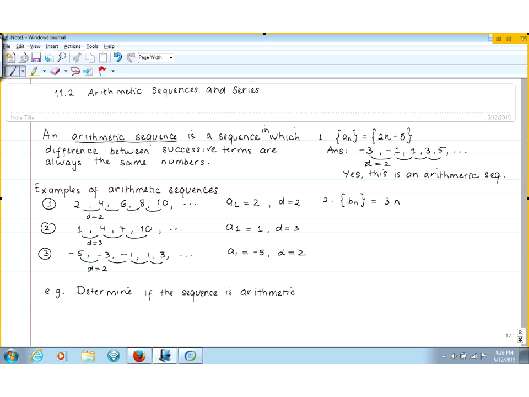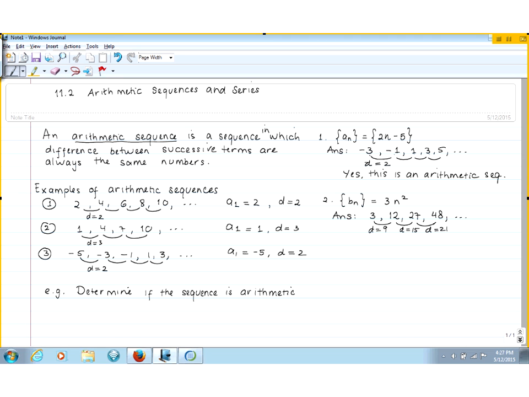Now the second one, what if I have a different sequence, 3n squared? The easiest way to do it is to write a few terms. When n is 1, this is 3. When n is 2, it is 3 times 2 squared, which is 12. When n is 3, it's 3 times 3 squared, which is 27. When n is 4, it's 3 times 4 squared, which is 48, etc. Let's see if there is any common difference. The difference here is 12 minus 3, which is 9. Here the difference is 15.